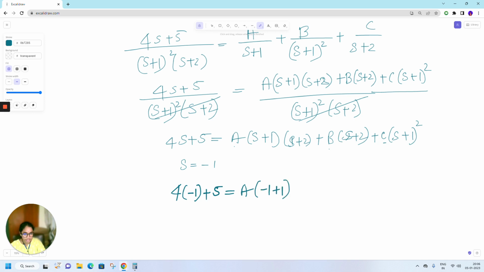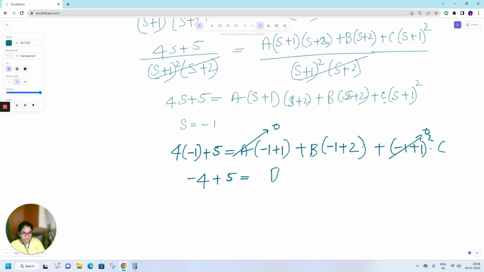This would become 0, plus b into minus 1 plus 2, plus c into minus 1 plus 1 the whole square into c. This term and this term become 0. So I would get minus 4 plus 5, which is equal to b, because 2 minus 1 is b, right?